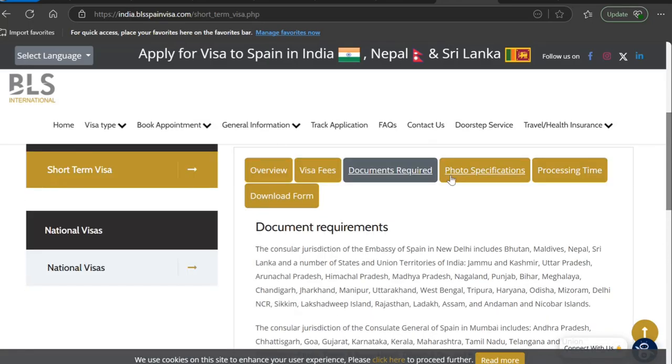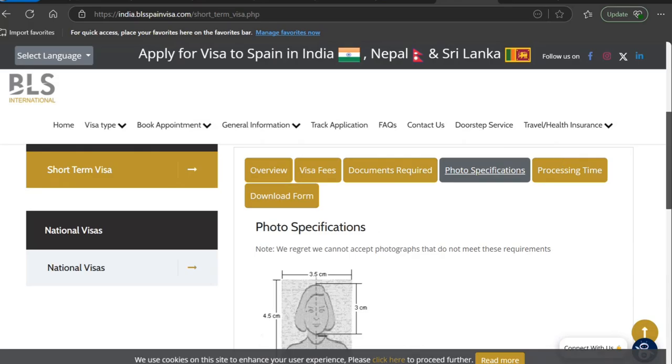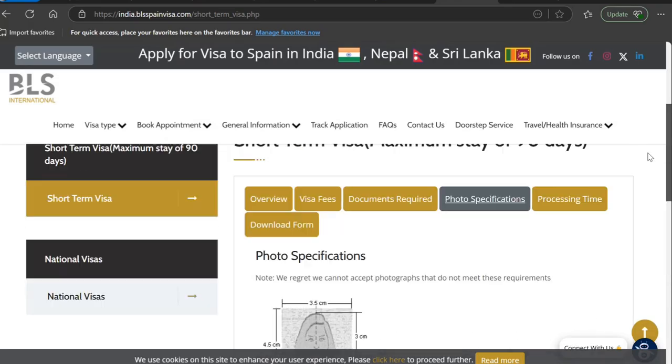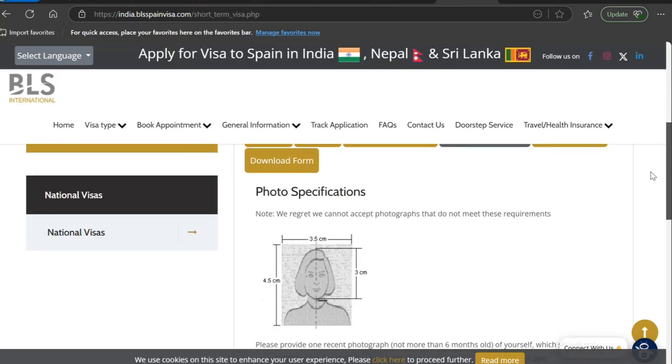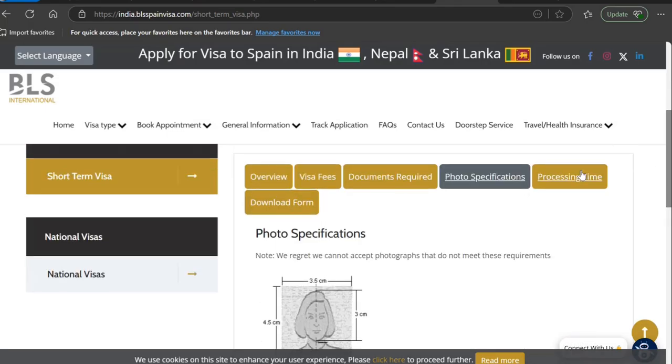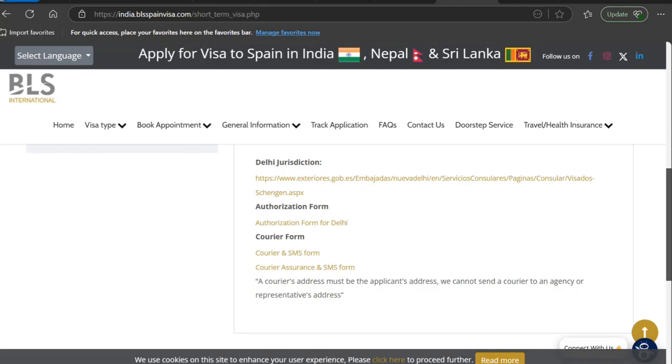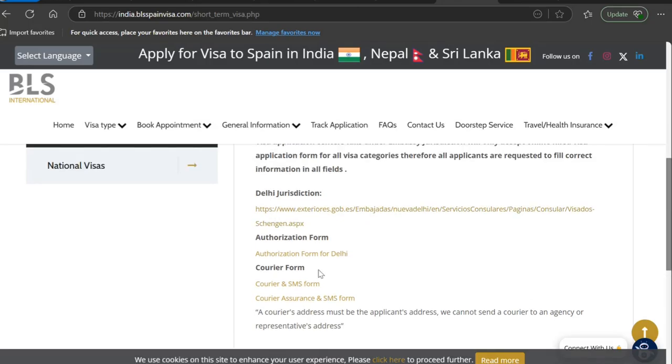Okay, photo specifications. So a lot of photographers know this already, especially those who deal with this, but yeah, it's always good to read this before you go to a photographer so that you can explain. Form already has been done, okay. So now the process is like you need to, okay, but there are some other forms too. This we have already gone through.